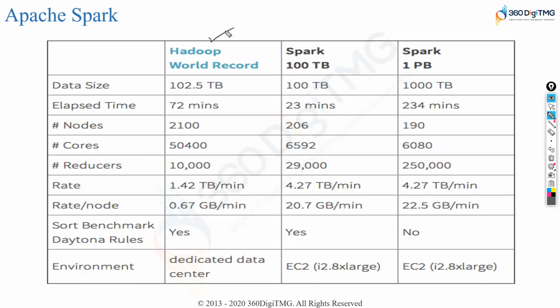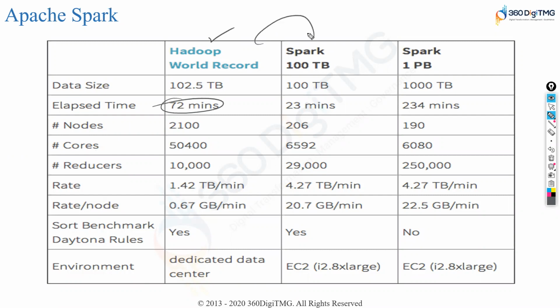That means 2,100 computers which are interconnected, and this setup took 1 hour to process 100 terabytes. Using traditional systems, you cannot even imagine processing that data. It will take ages. But Hadoop processed it in 72 minutes. 2,100 nodes, 72 minutes. This is a world record.